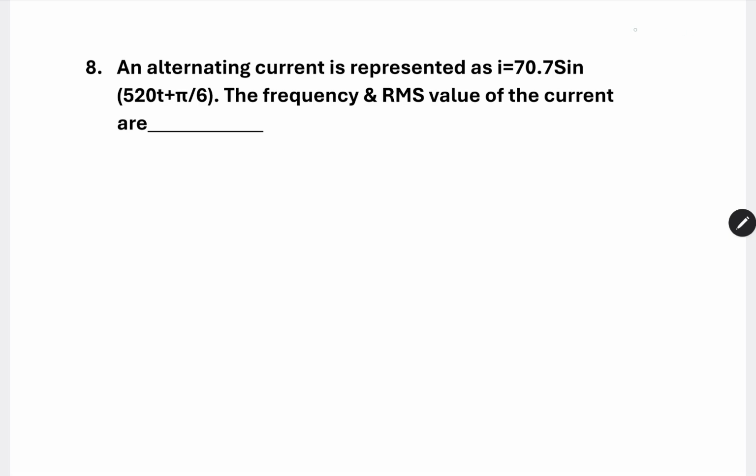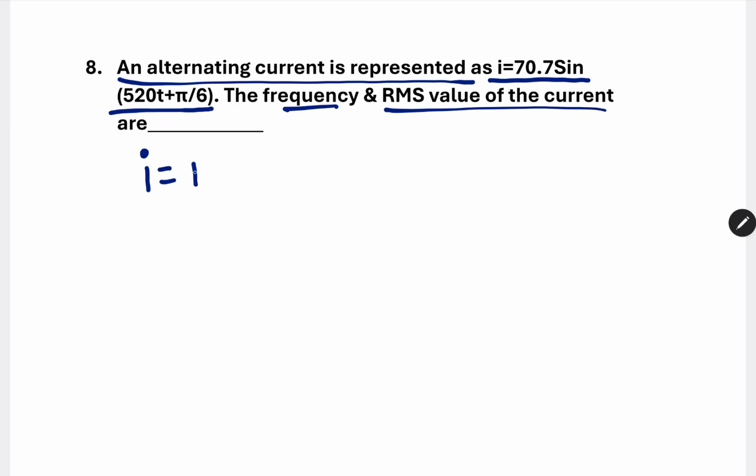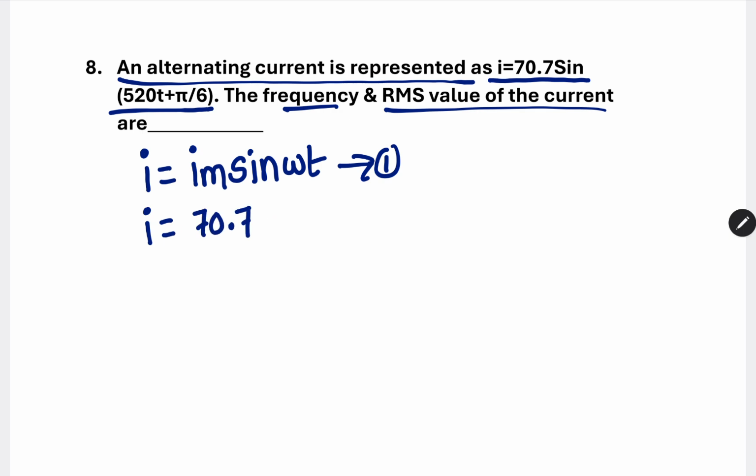Next question. Question number 8. An alternating current is represented by I is equal to 70.7 sine (520t plus pi by 6). What is the frequency and what is the RMS value of the current we need to find. We know the general sinusoidal current formula, I is equal to Im sine omega t. Let us say this is equation 1. And what is given in the question? I is equal to 70.7 sine (520t plus pi by 6).